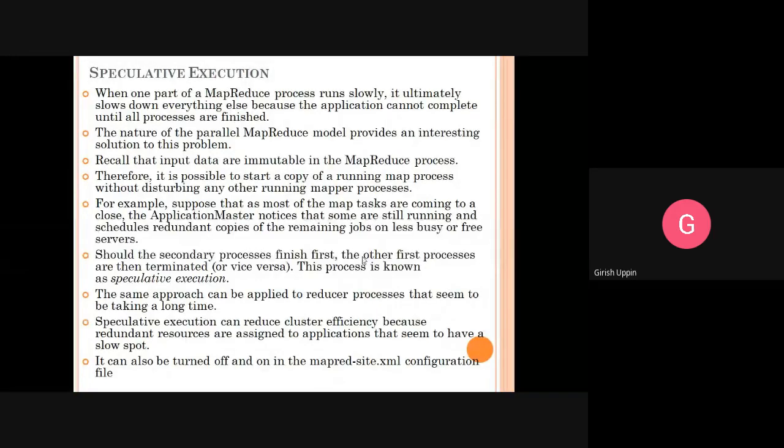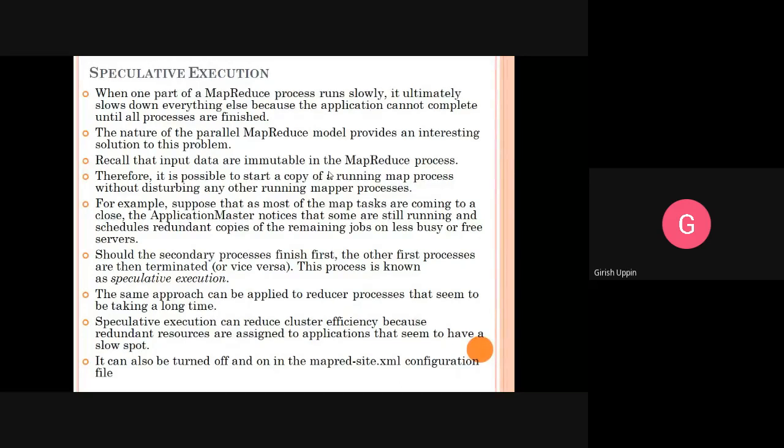We know that the input data is immutable, meaning we are not changing the input data for the MapReduce processes. So it is possible to start a copy of a running map process without disturbing any other running mapper process.